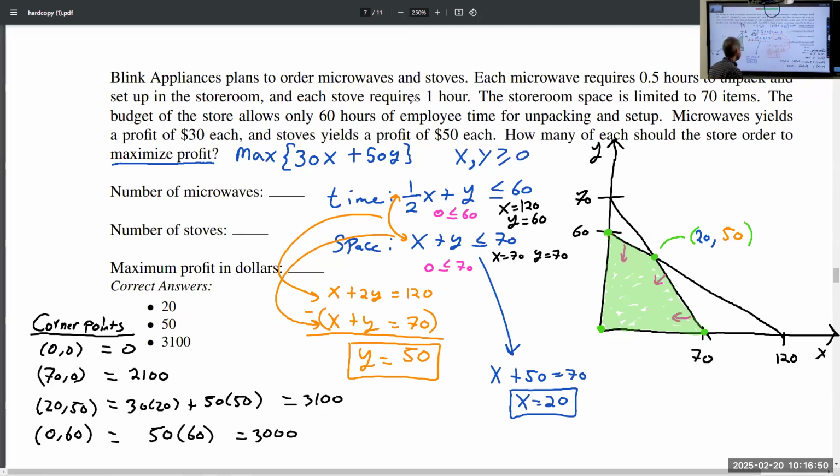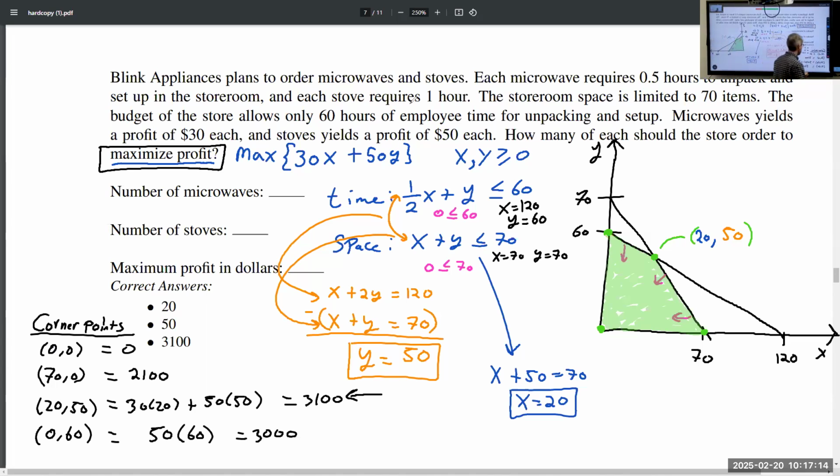Now, what is the maximum? Where does it lie? So the largest out of those, it wants the maximum profit. So I need to find which one was the largest. The largest occurs right here. So there's the largest. Where did that occur?